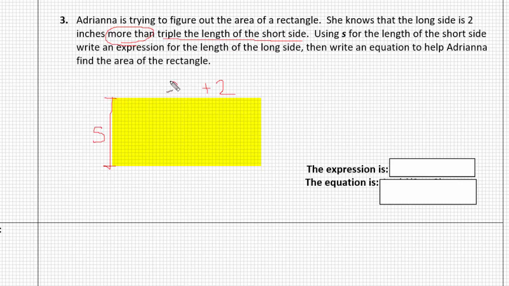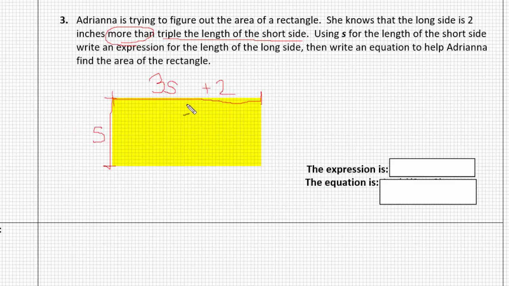Well, I have S for the short side, and if I want to triple that, I'm going to multiply it by 3. So triple the length of the short side plus 2, because it's more than triple the length, and that gives us the dimensions of our long side. So far we've done that first part. The expression for the long side is 3s plus 2.